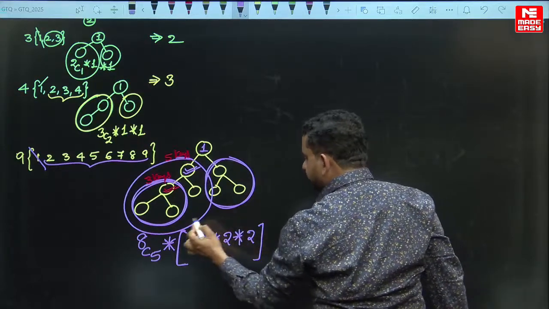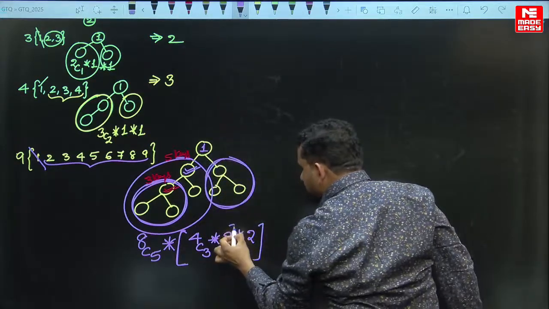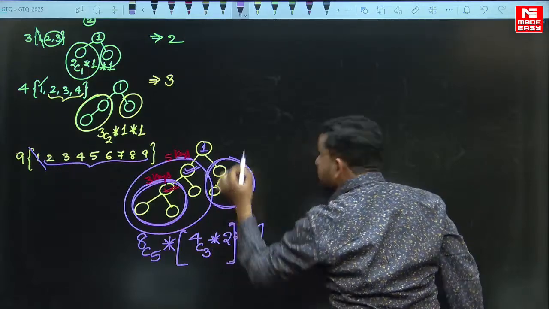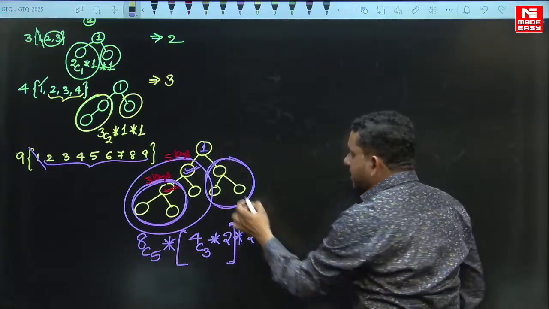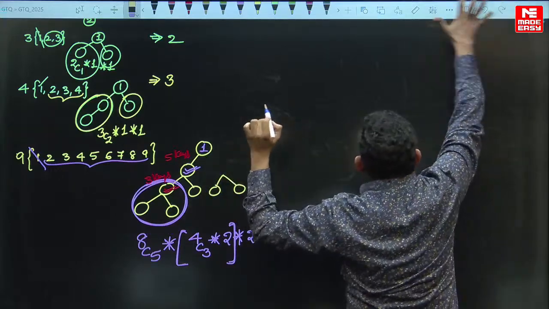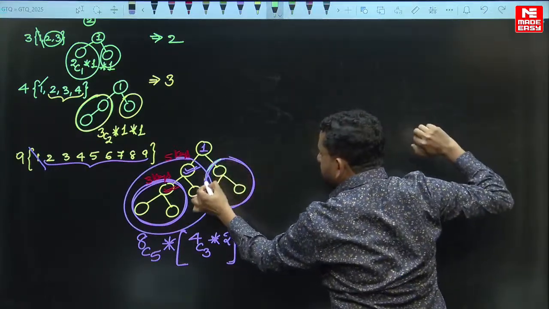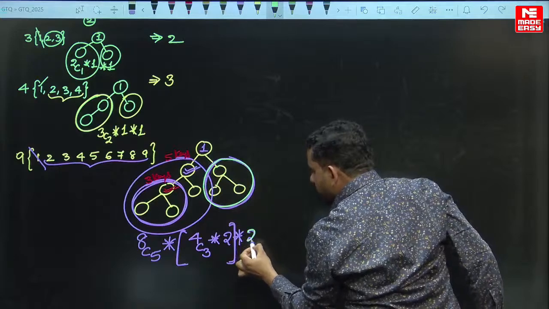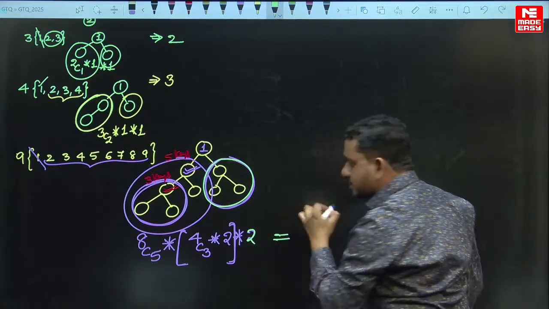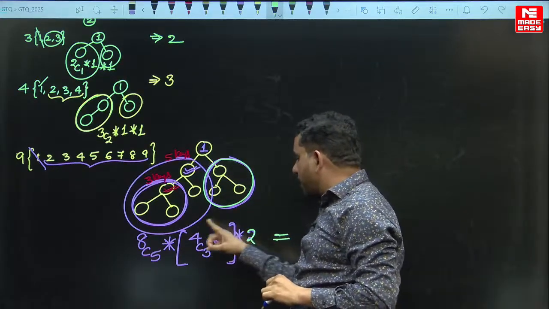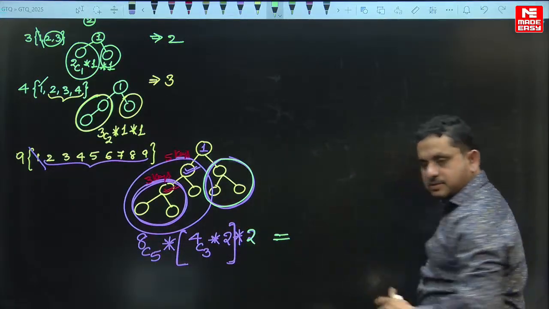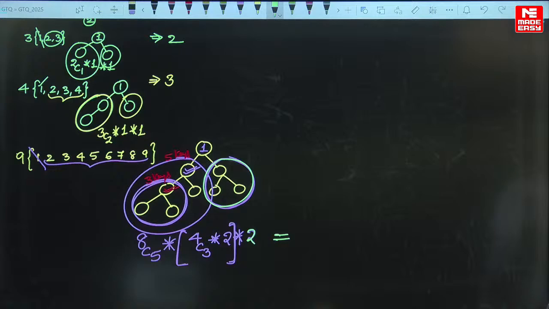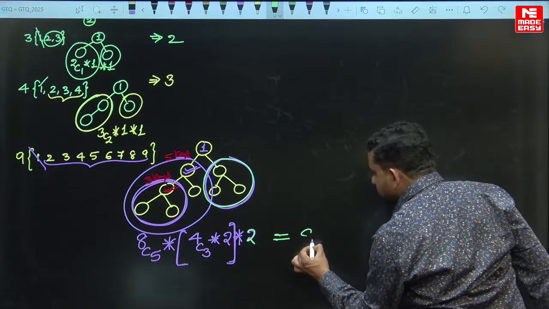So this is the number of binary heaps for the left subtree, and 3 keys go to the right subtree. Among these 3 keys, 2 binary heaps are possible. So do the calculation: 4 multiplied with 2, multiplied with 8C5, multiplied with 2 for the right subtree. So the answer to this question is 896.